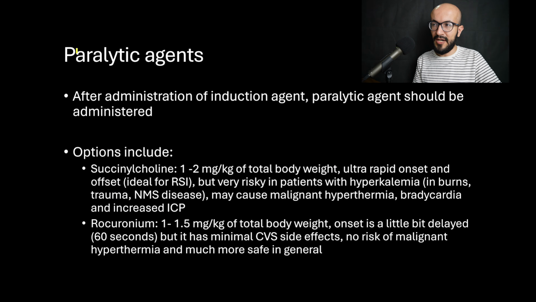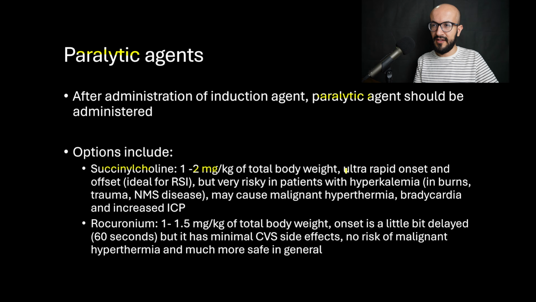Now regarding the paralytic agents, after administration of an induction agent, the paralytic agent should be administered, and options include succinylcholine, which is administered at 1 to 2 milligrams per kilogram.